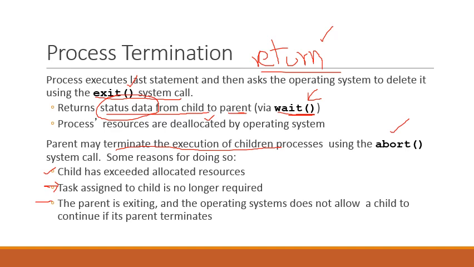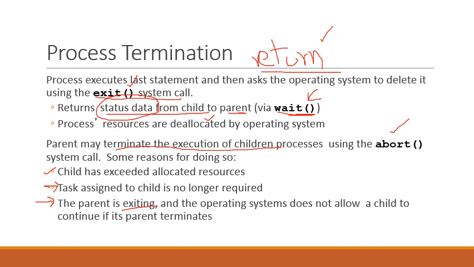Another reason is that the parent process is exiting. That is, the parent process is going to exit. It is going to complete its execution, and it is going to return any resources back to the operating system. So in this case, when the parent process is going to exit, the operating system does not allow a child process to continue if its parent terminates.